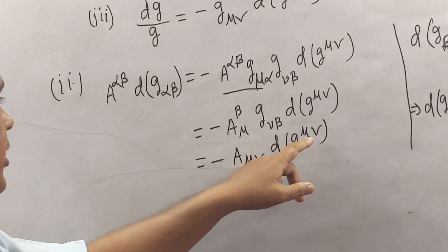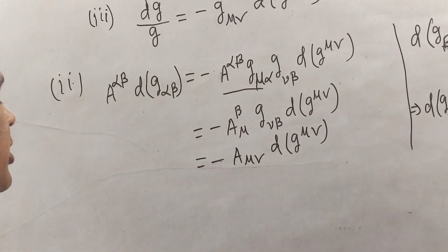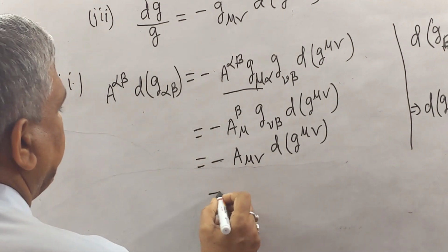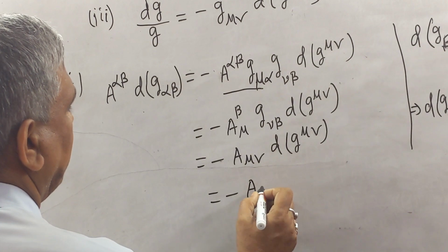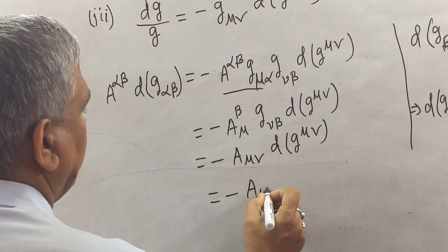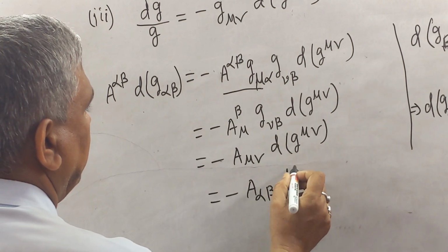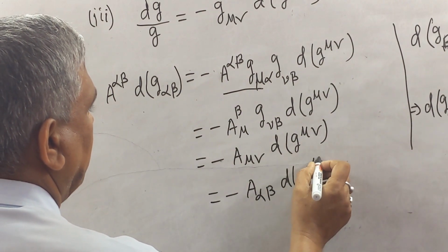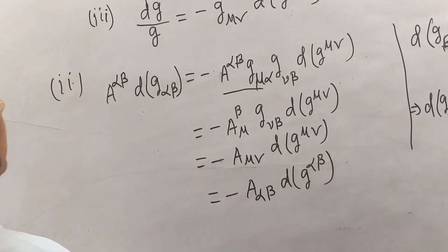As mu is the dummy suffix and nu is also dummy suffix, we replace mu by alpha and nu by beta, we will get minus a alpha beta d g alpha beta. So number 2 is proved.